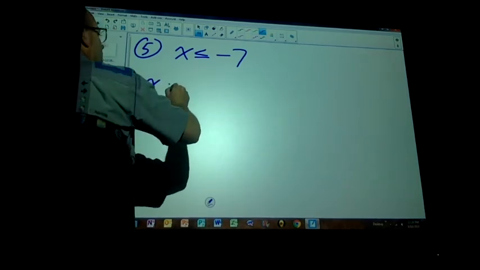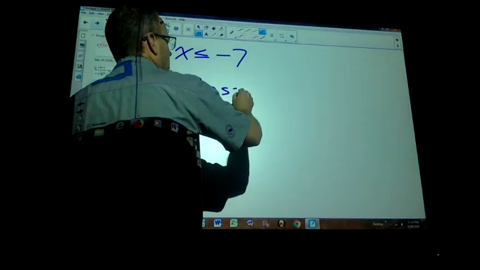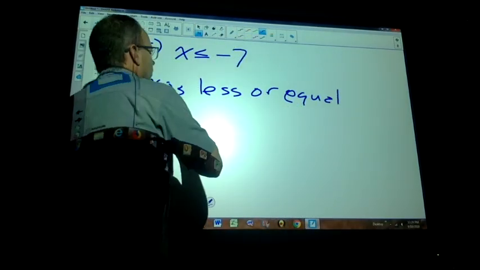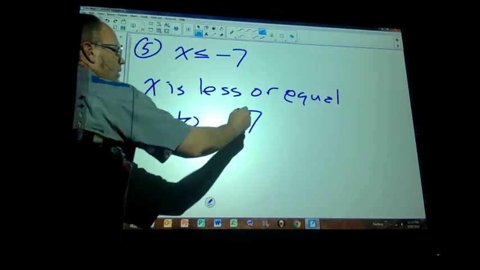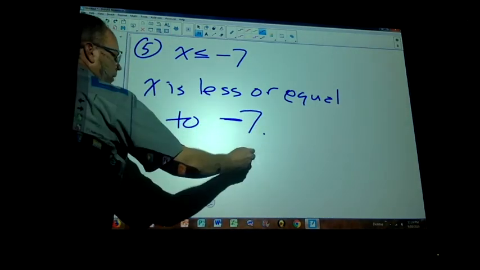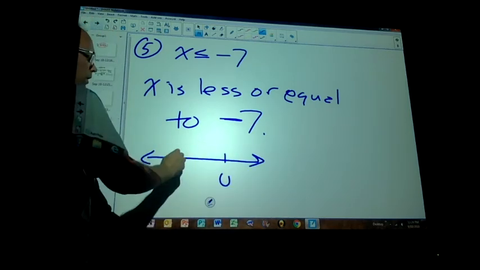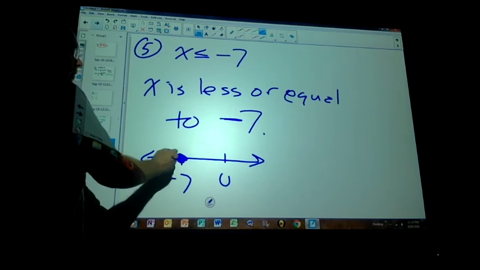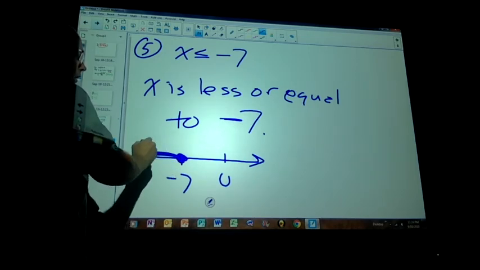So x is less than or equal to -7. And then if you put it on a number line, 0 is here, -7 is down here. It's a solid dot. I want values that are less, so it's shading this way.